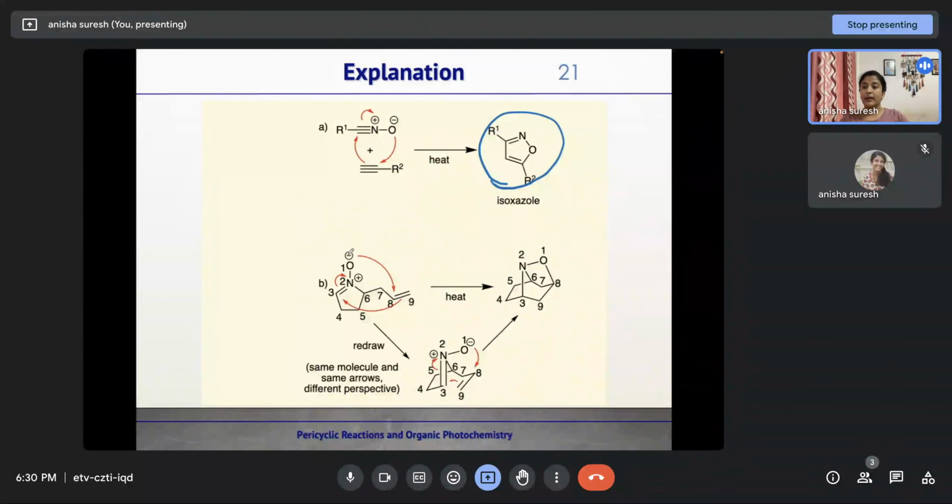Now we have the dipole and the dipolarophile in the same system. So this is the dipole and this is the dipolarophile. The dipole will attack this carbon, carbon number 8, and this double bond will attack carbon number 3, and this double bond will be broken, and the positive charge on the nitrogen will be neutralized.